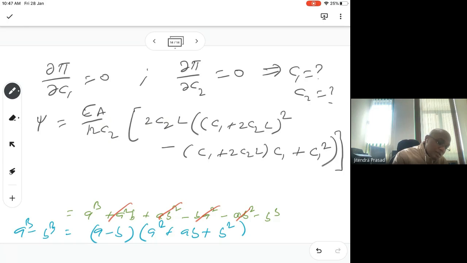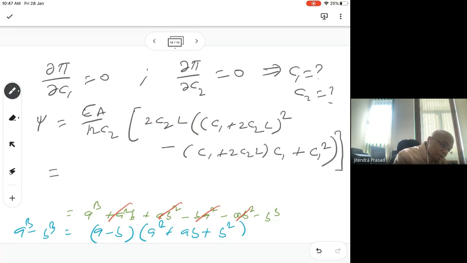Okay, just a minute, guys. So this is square terms minus these terms minus this one. This is common, so basically this comes out.